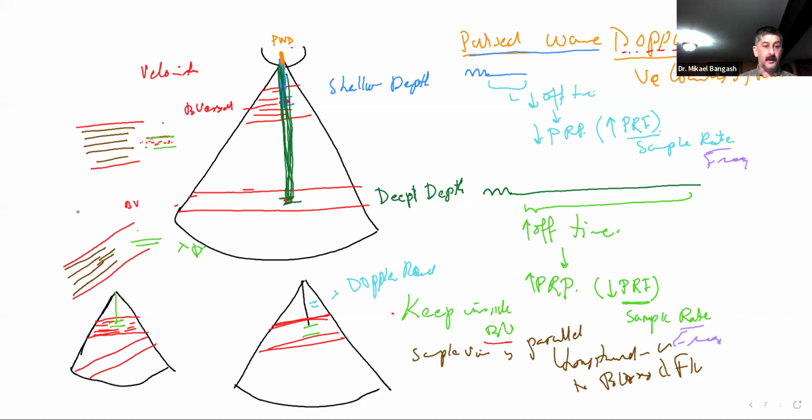So that's why the steering or fine steering of your angle or your beam comes in. So this will be wrong. You will have to steer it like this, so that the sample window is parallel or longitudinal to the direction of the blood flow. Did you guys get that?